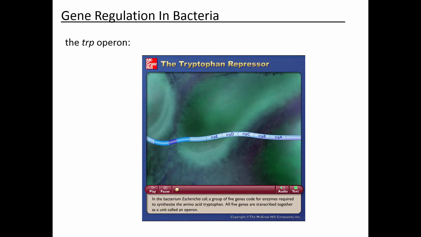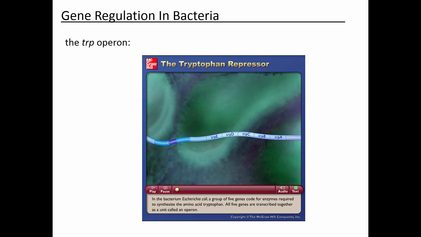It could find itself in an environment that has tryptophan present. I'll write that as plus tryptophan. Plus tryptophan means that the bacterial cell is in an environment where tryptophan is present. Minus tryptophan means that the bacterial cell is now in an environment that lacks tryptophan.